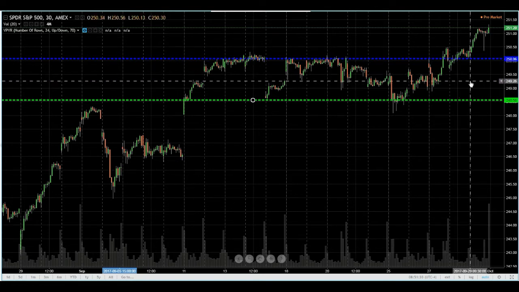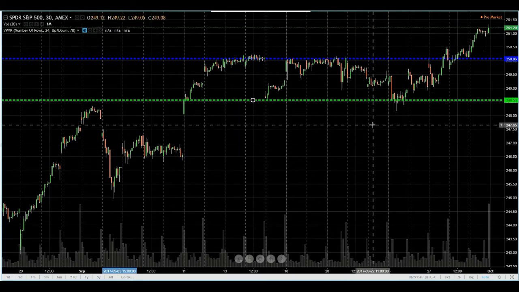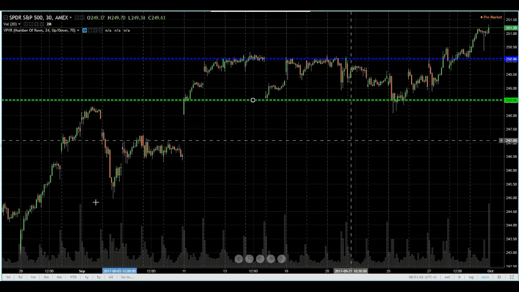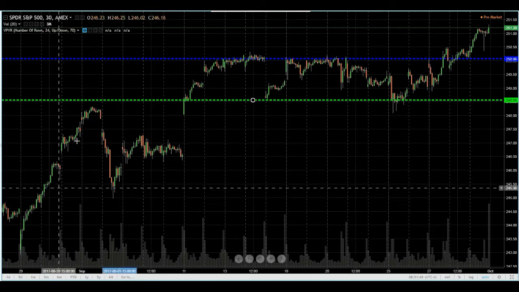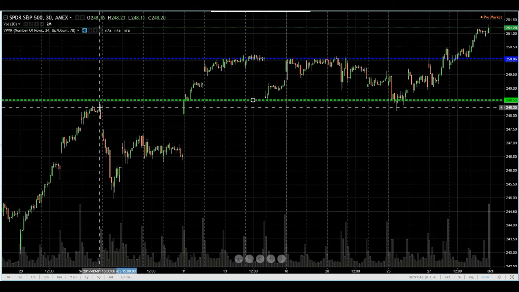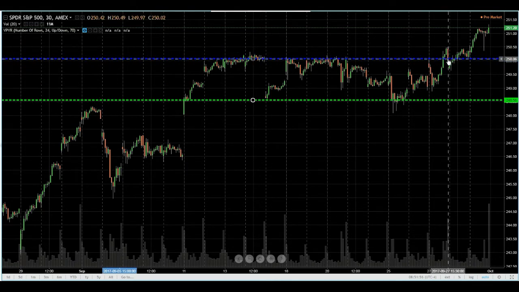So starting right off with the S&P 500, definitely you want to be bullish on this market. You can see the last 30 days or so the market has been fairly strong. There are sellers in this market, but right now we've kind of broken out to this level, and I want to be remaining bullish on this market.